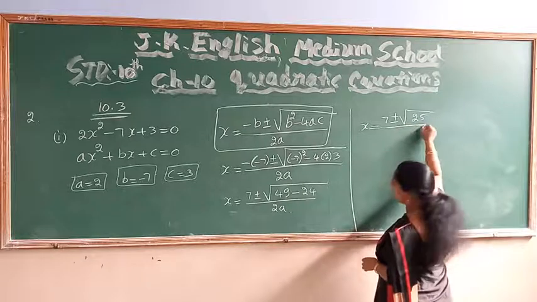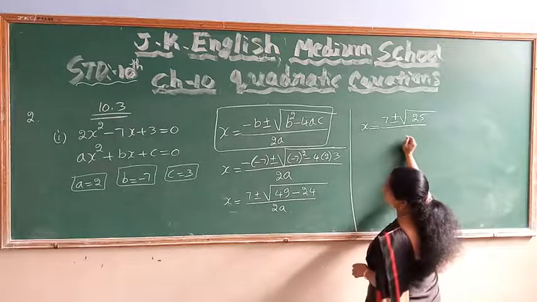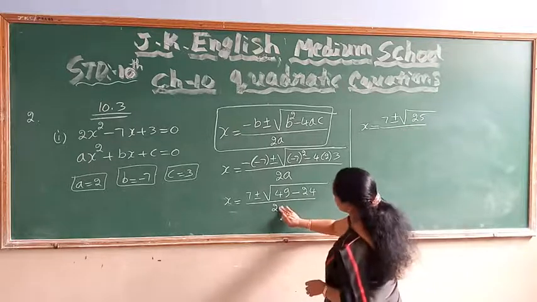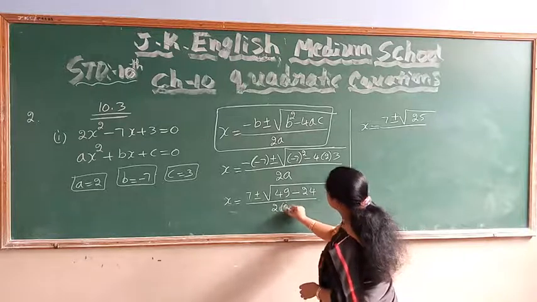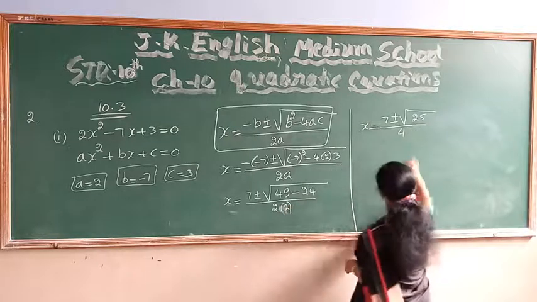Divided by 2a, where the value of a is 2, so 2a is 4.